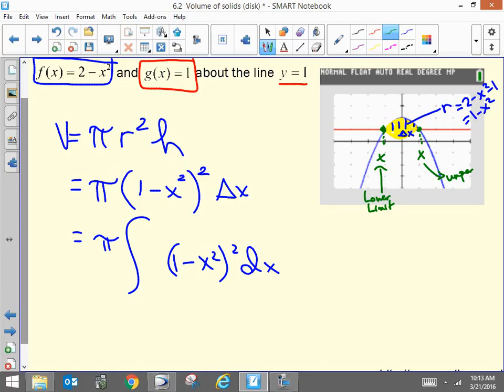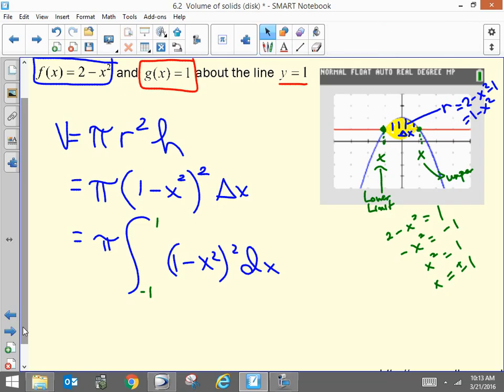It looks like negative 1 to 1 on the graph, but can you rely on what it looks like? You should be able to put 2 minus x squared equal to 1. Yes. Minus x squared equals negative 1, x squared equals 1. Is Debbie right? Of course she is. Negative 1 to 1.